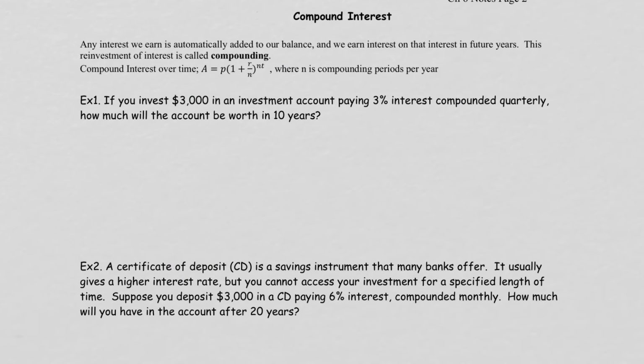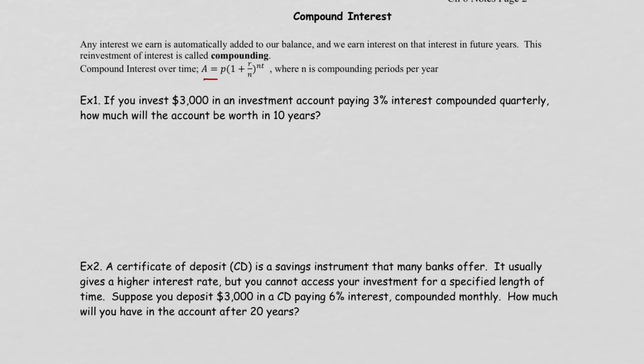The next example we're going to look at is the same type of interest, but this time it is not simple. This time it is compound. So we're going to see what's the difference between simple interest and compound interest. When it's a simple interest, the interest is going to be earned every year, right?